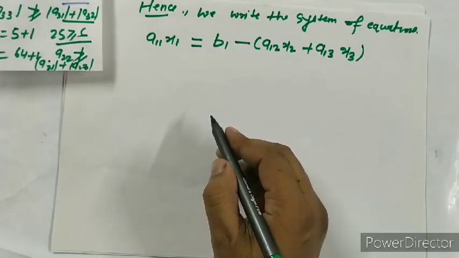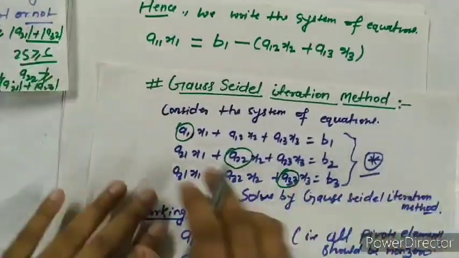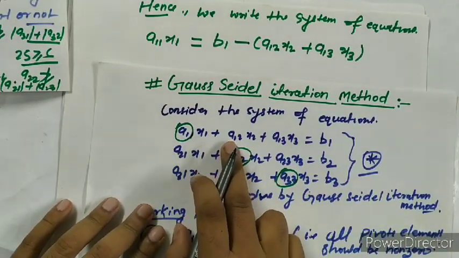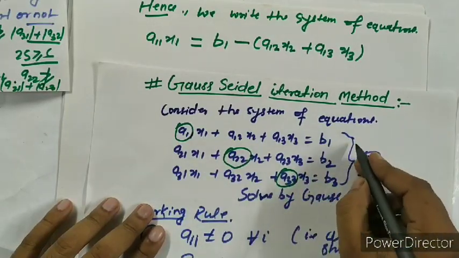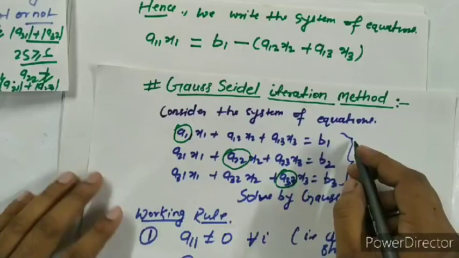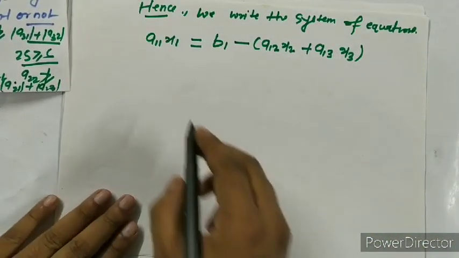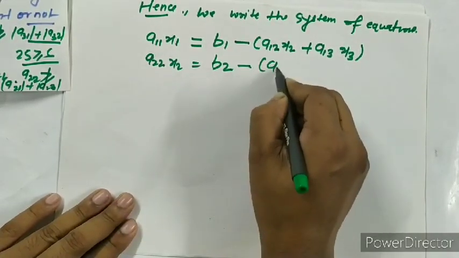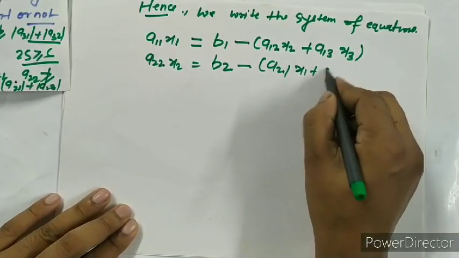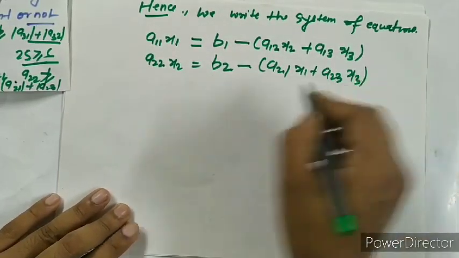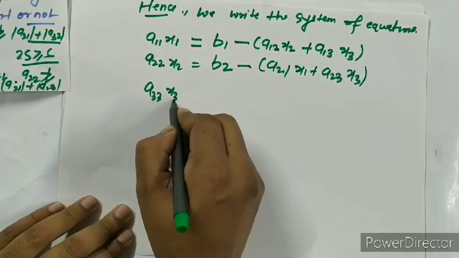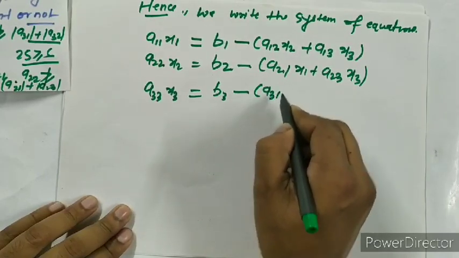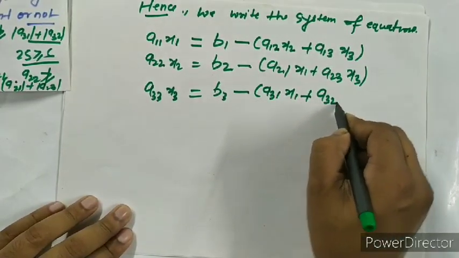Here A11 x1 stays on the left and the rest of the terms are carried to the right-hand side. Next, A22 x2 is equal to B2 minus (A21 x1 plus A23 x3). Similarly, A33 x3 is equal to B3 minus (A31 x1 plus A32 x2).